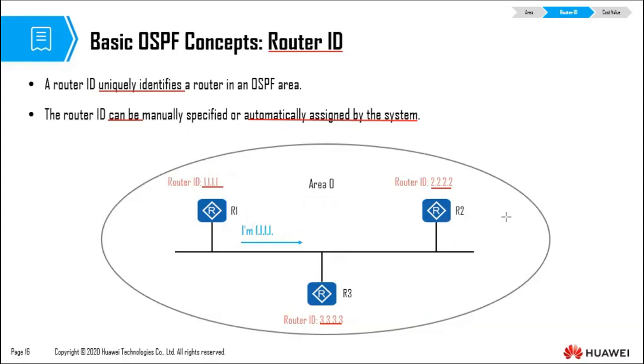No, it cannot happen. Don't forget that. So we are going to learn in the subsequent slides how the system automatically assigns a router ID in case you've not configured a router ID. But please note, it is recommended that you manually configure router IDs.